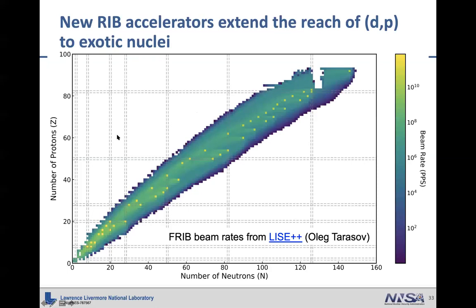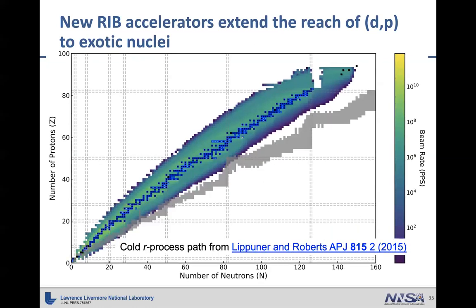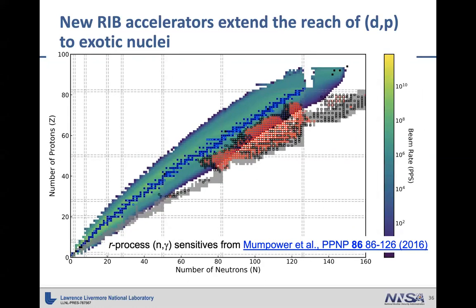So here are the beam rates for reaccelerated beams from full FRIB. This is the 400 kilowatt machine. And this is obviously a prediction. Here are the stable nuclei and the neutron capture rates that we know. Here's that Koldar process path. Here's the sensitivity study from maximum power. And remember, the red things are more interesting than the black things.